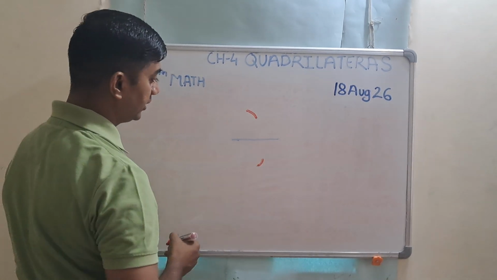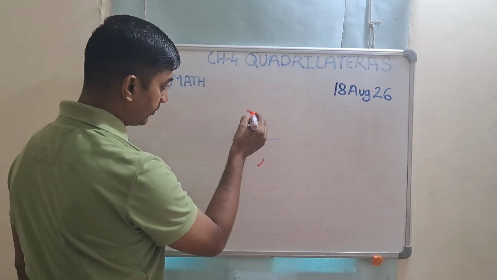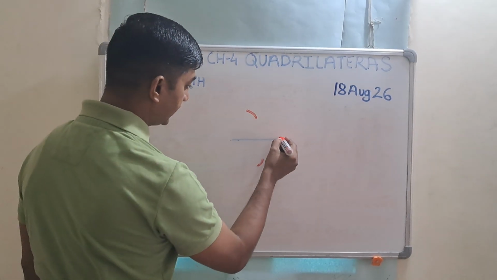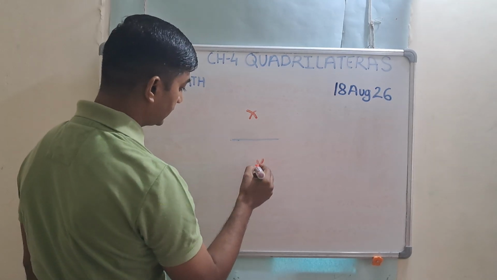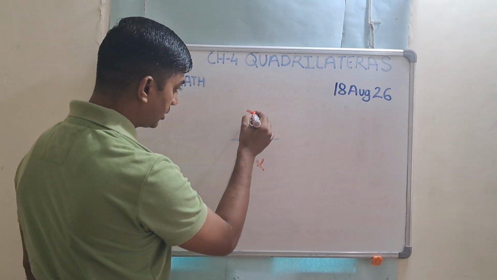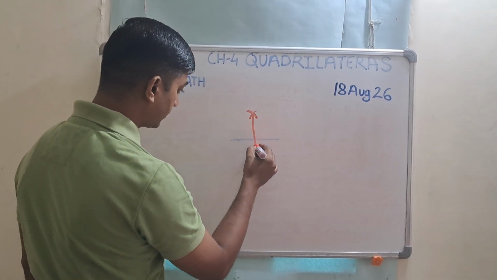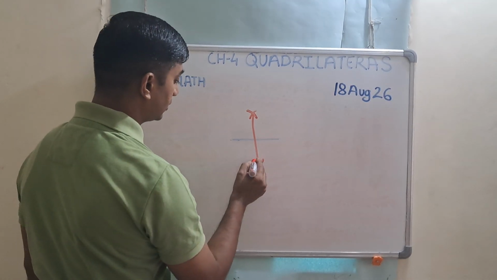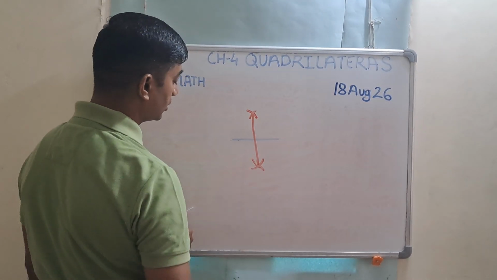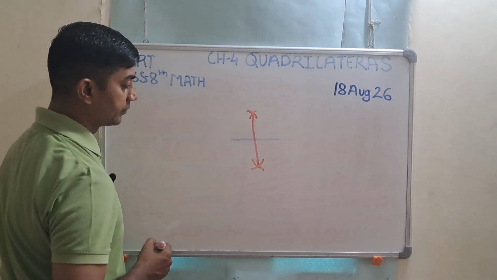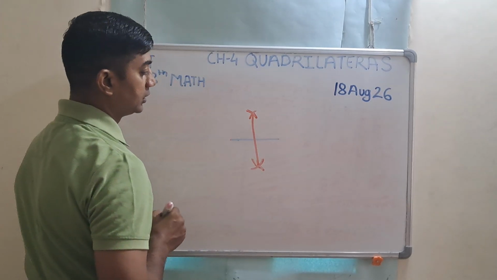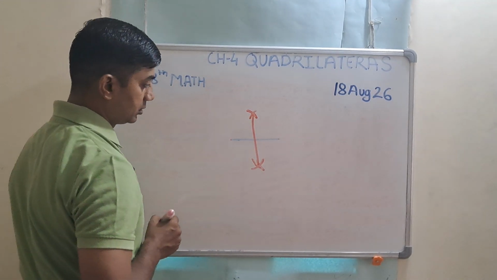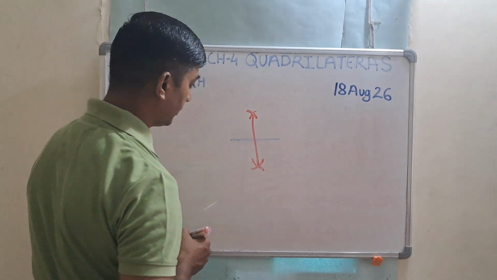This arc you have made from this end, and this arc from this end, and these 2 points we have to join, and this is the midpoint.